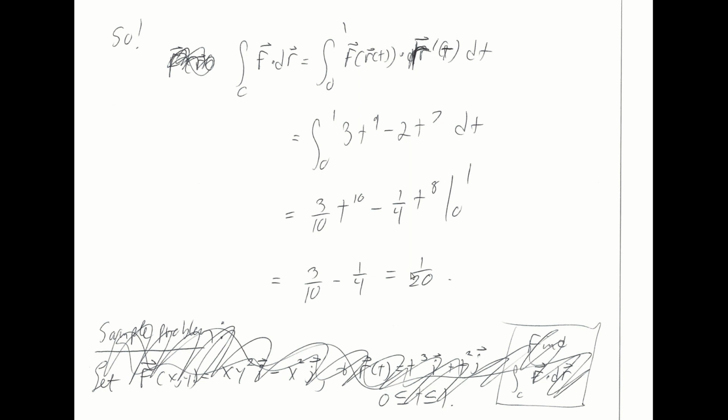We are seeing a positive value, so that does mean that in general the tangent vector for this curve lined up with the vector field more often than not, in some sense. Again, that's a slight oversimplification because you also have to take into account the magnitude of the vectors. If the tangent vector only lines up with the vector field in a small portion of the curve, but the vector field is large enough in magnitude over that small portion, you could still see a positive value there.